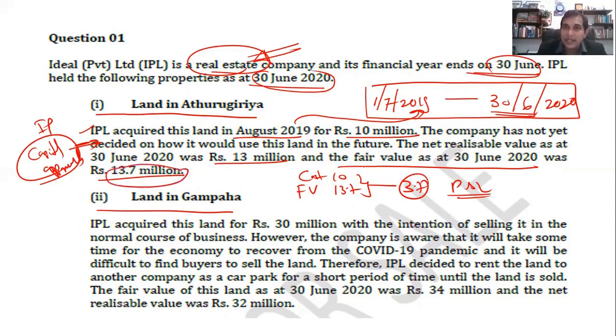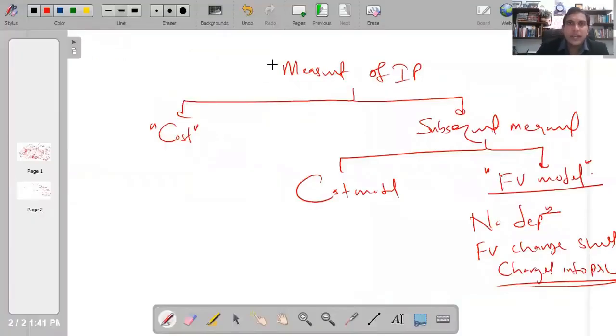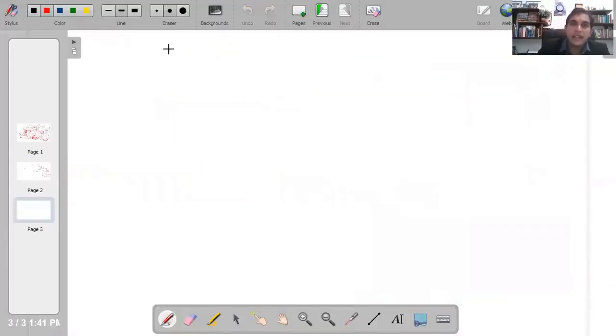At the end, 30th June, it should be measured at fair value, 13.7. The initial value is 10 million, so the difference of 3.7 should be charged into P&L. Very easy, not a difficult task. Shall we write the answer quickly? Let me write the answer.